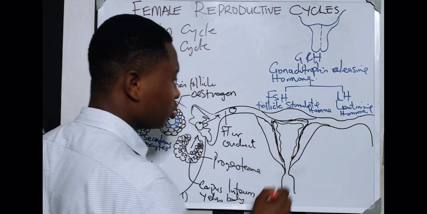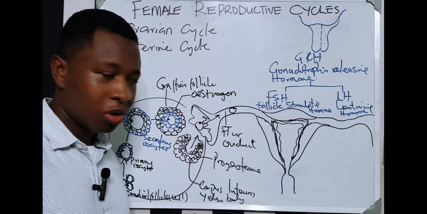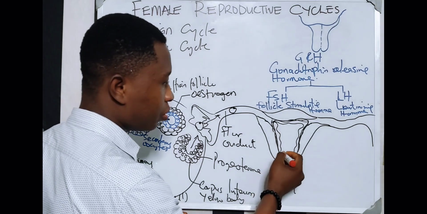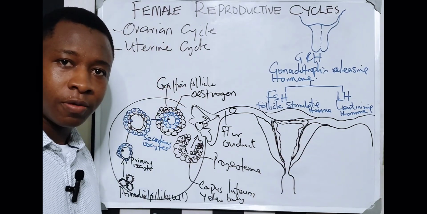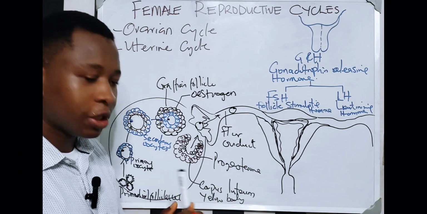Now, the preparation of the uterine wall is just thickening of the uterine wall, of the endometrial wall. So the endometrium just gets thick for receiving the baby for implantation.